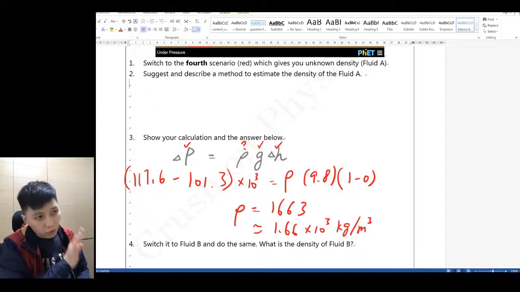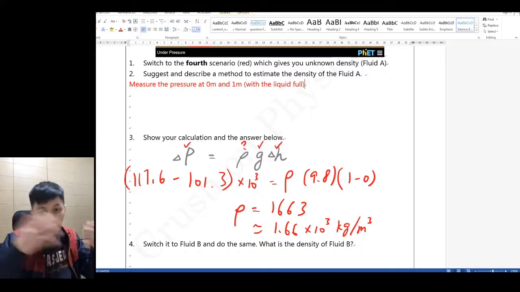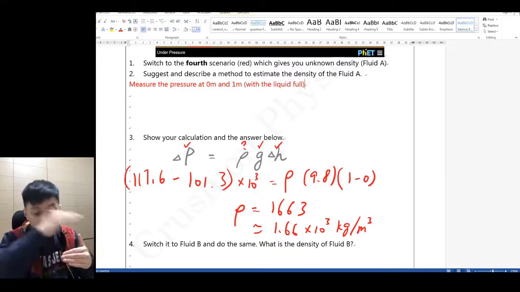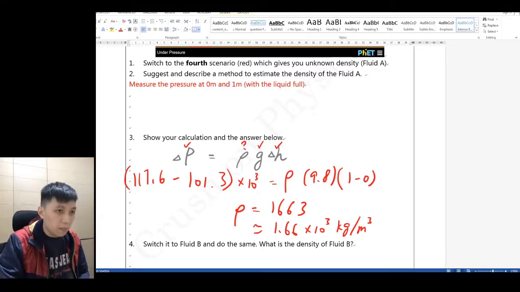Now we have to go back and add the description of the method. What I'll say is measure the pressure at 0 meter and 1 meter with the liquid full, so then that is really 0 meter and 1 meter depth of the liquid.